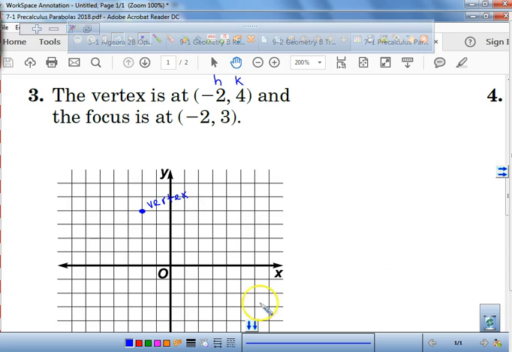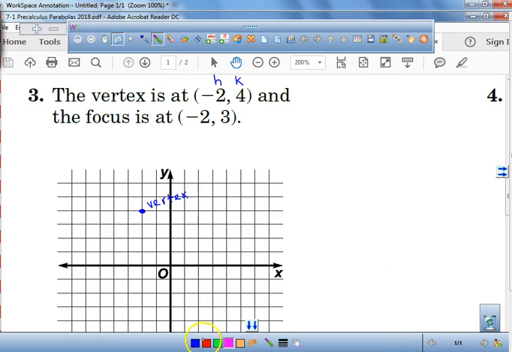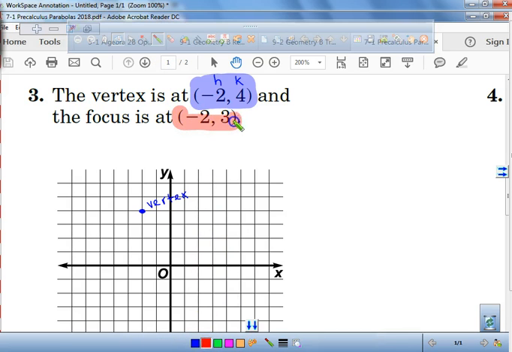After you have plotted your vertex and labeled it H, K, then and only then are you allowed to plot the next point, known as the focus.